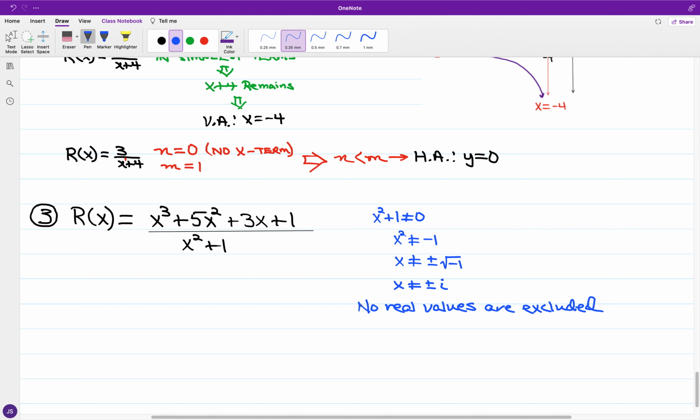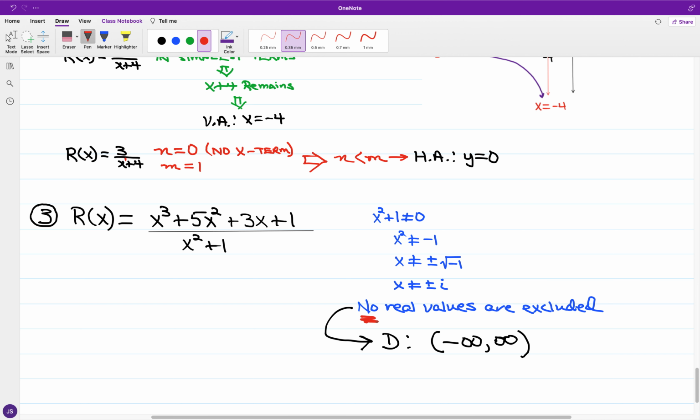And so we're going to have some consequences from this. It says no real values are excluded. That means I'm not excluding 0 or any positive value or any negative value. So in the case of the domain, we're going to end up with the set of all real numbers. In interval notation, you have parentheses around negative and positive infinity.